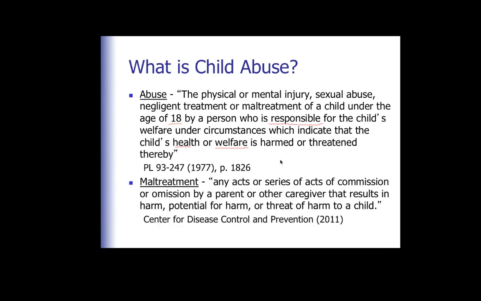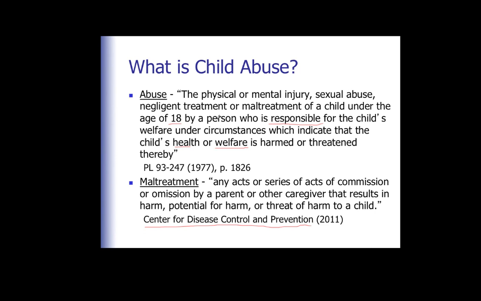And then they also have one for maltreatment from 2011 from the Centers for Disease Control and Prevention: any act or series of acts of commission or omission, something they do or don't do.